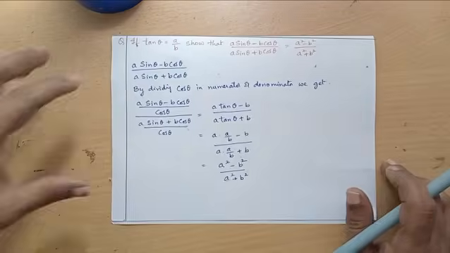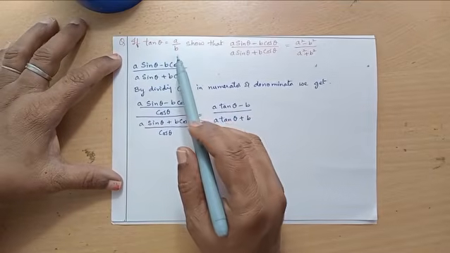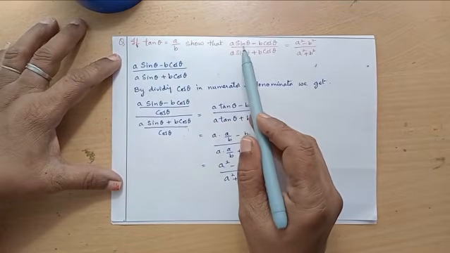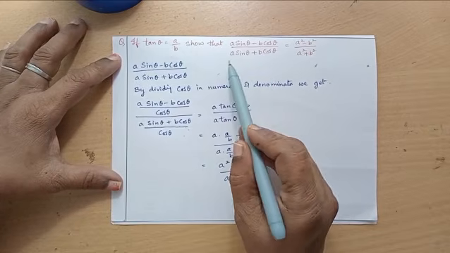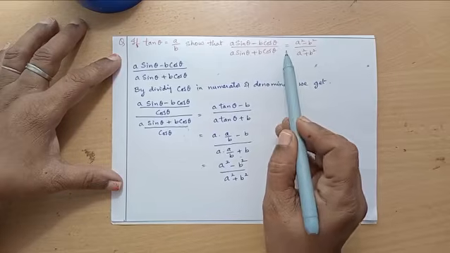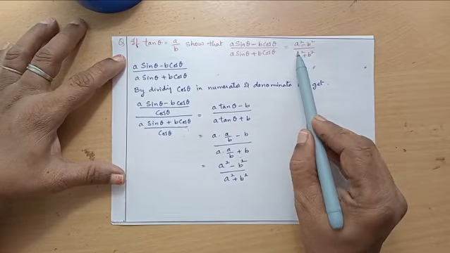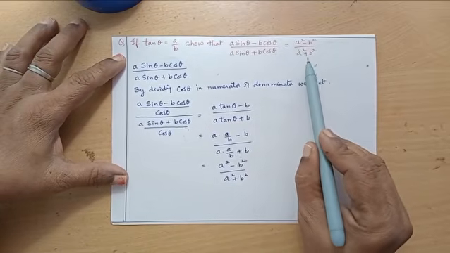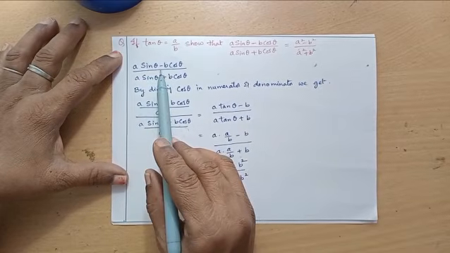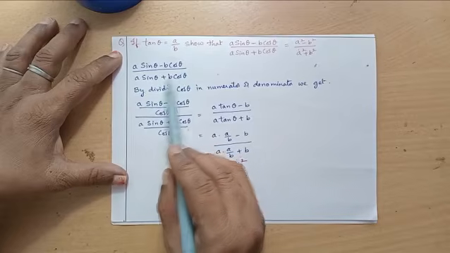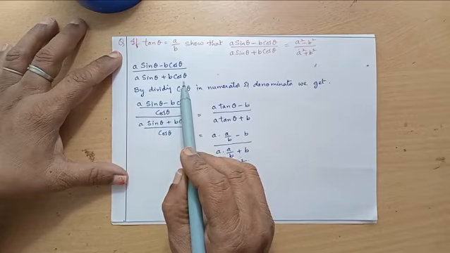Next question. If tan theta is equal to a by b, show that (a sin theta minus b cos theta) whole divided by (a sin theta plus b cos theta) is equal to (a square minus b square) whole divided by (a square plus b square). A sin theta minus b cos theta divided by a sin theta plus b cos theta.